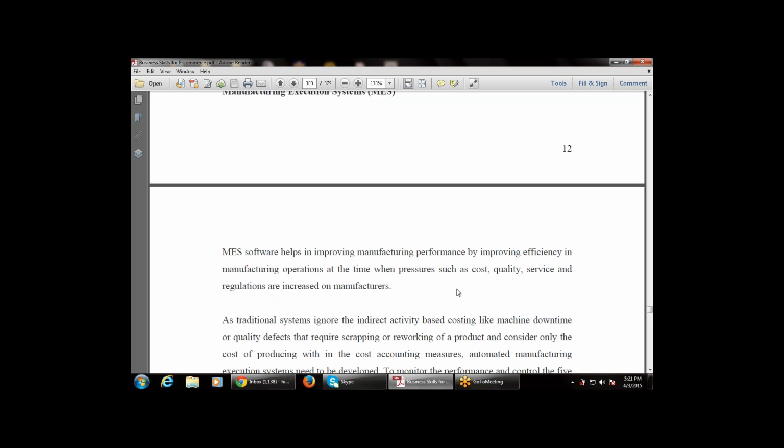So whenever there is pressure on the manufacturers in terms of cost, quality, service, then MES software, that is manufacturing execution system, is used to improve the performance on the part of manufacturing.